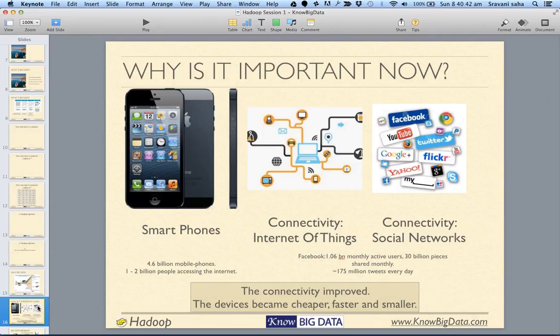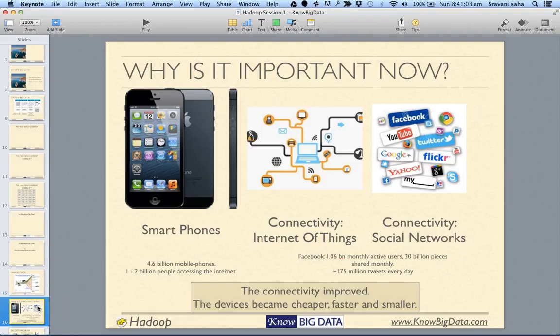Connectivity multiplied the data, devices generated the data, right? And when we say connectivity, it all starts with hardware. In 2002 itself, we started having really great connectivity between people and between things.